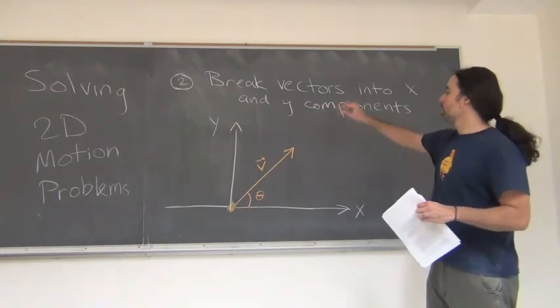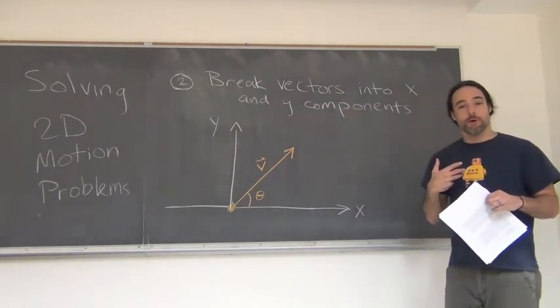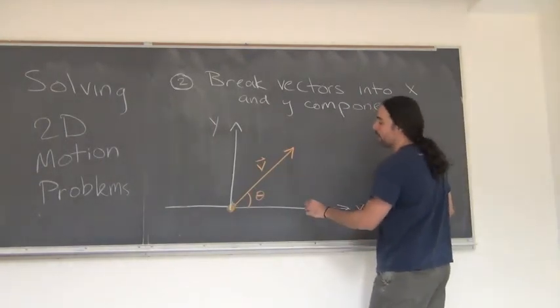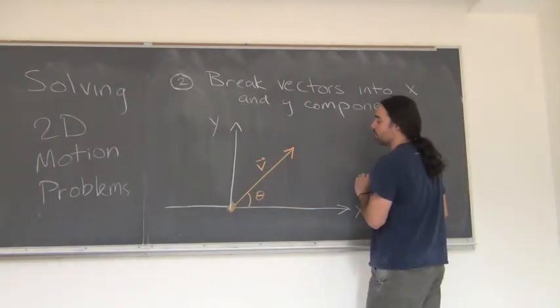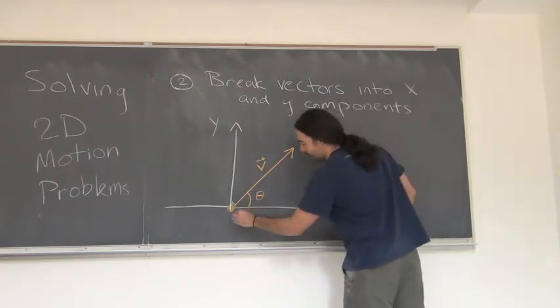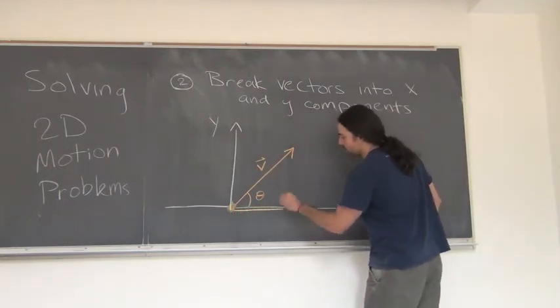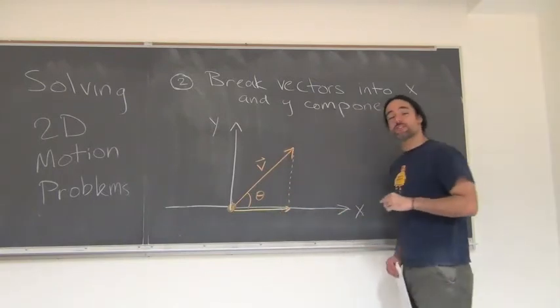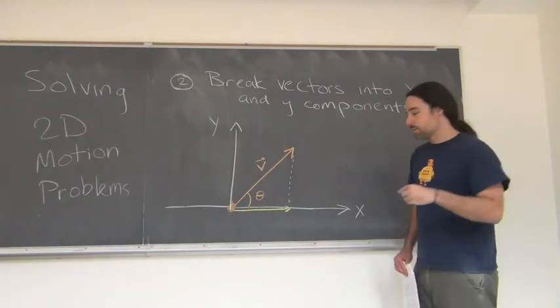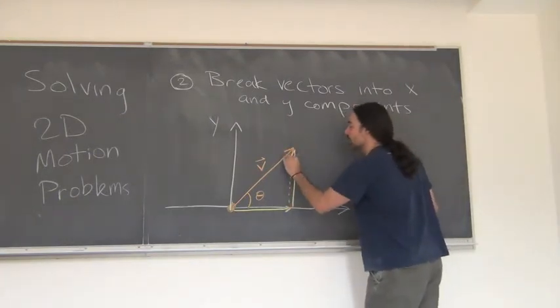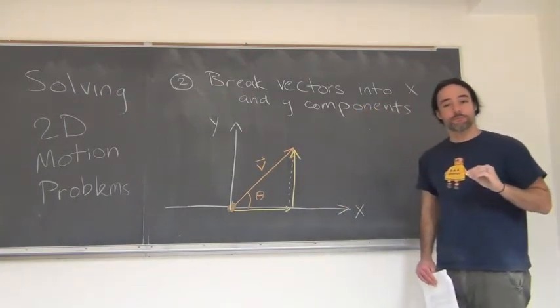How do we do that? We break all of our vectors into components. What do I mean by that? Well, if I look at this vector, I can see that it's actually the same thing as if I went in the x direction by a certain amount, and in the y direction by a certain amount.